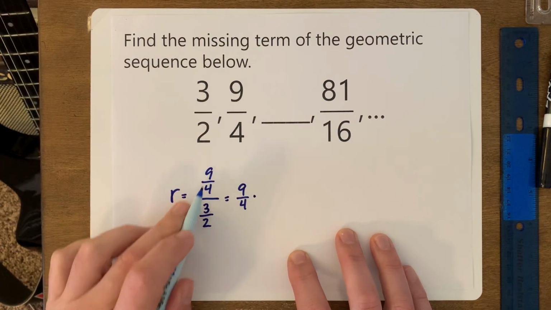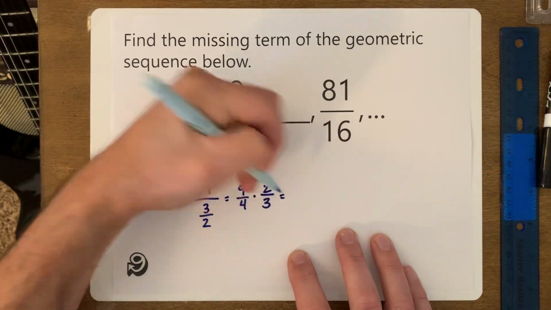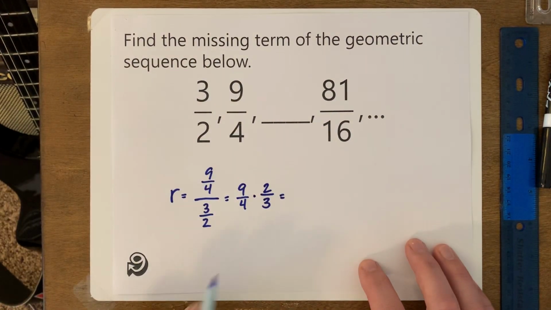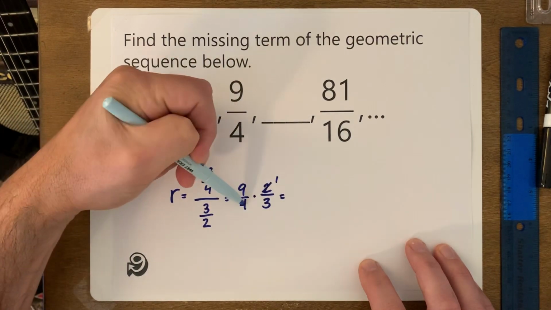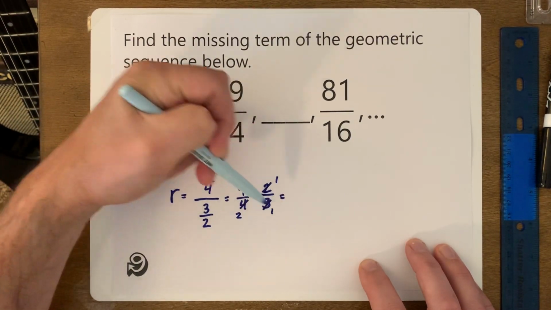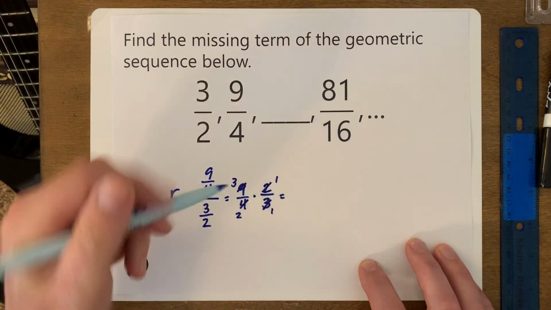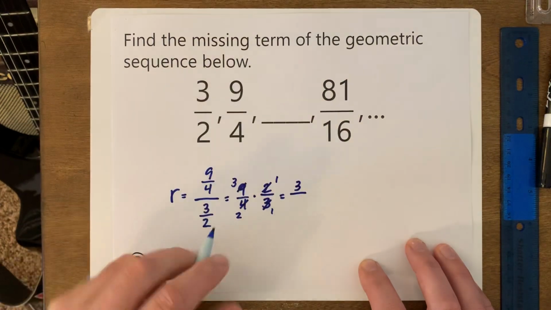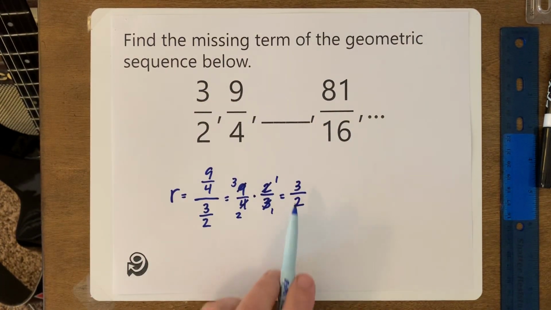Because it's keep, change, flip. So 2/3 will go here, wouldn't it? Okay, so 9/4 times 2/3, you can cancel some stuff out. 1, 2, 1, 3. And so it looks like it's 3 times 1, which is 3, over 2 times 1, which is 2. So apparently the common ratio is 3/2.